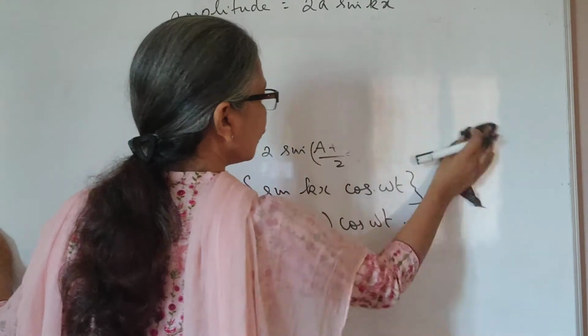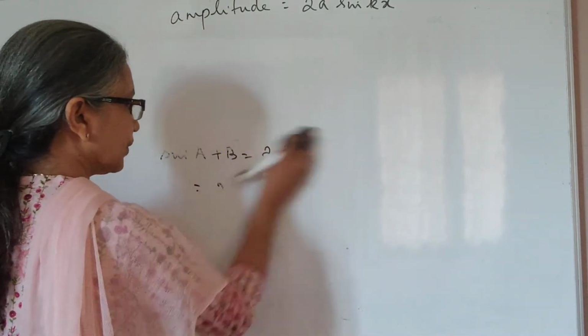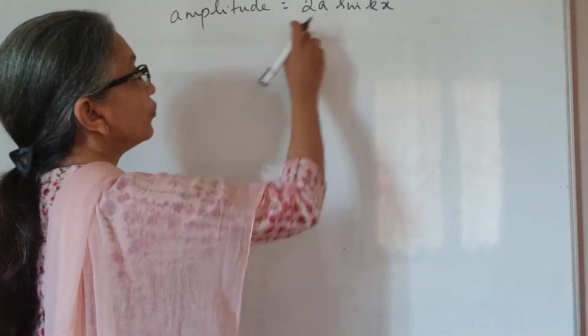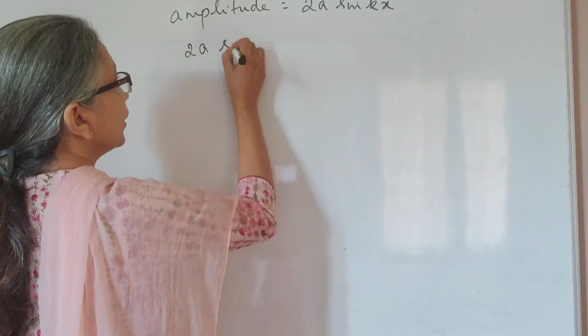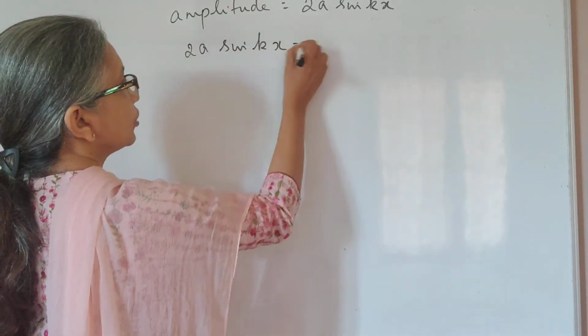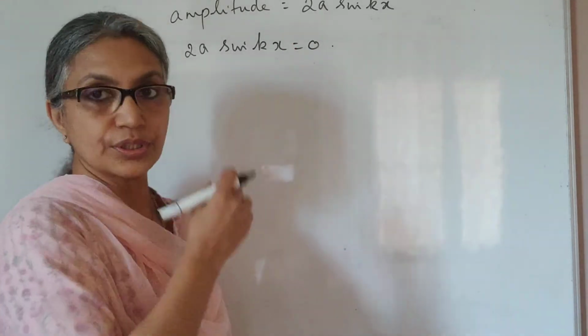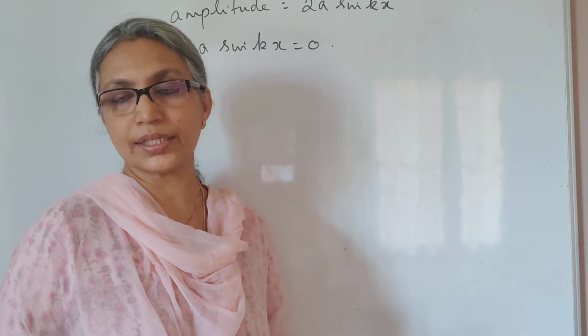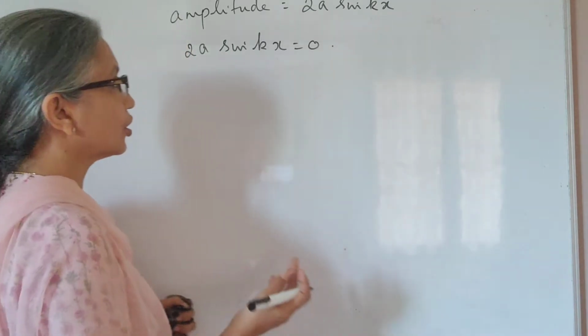So you can have positions of zero displacement, zero amplitude, when 2a sine kx is equal to 0. These positions where the amplitude reduces to 0 are what you call nodes. They are stationary.